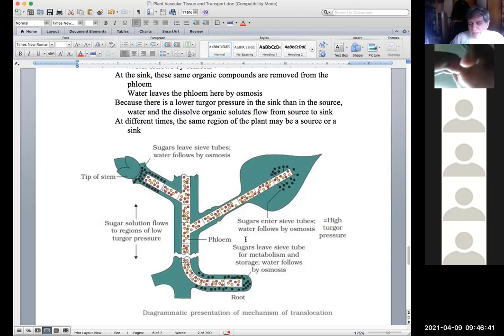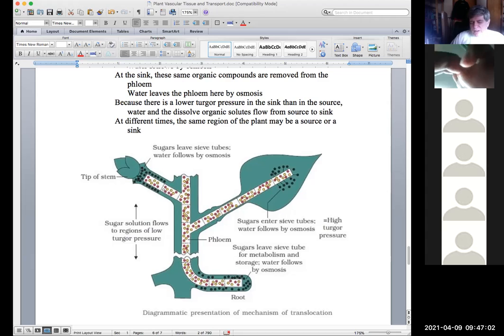Now, in another area of the plant, like where we have a stem starting to grow or down in the root, we have this sucrose being removed from the phloem. So notice this is a source. This is where sucrose is entering the phloem.